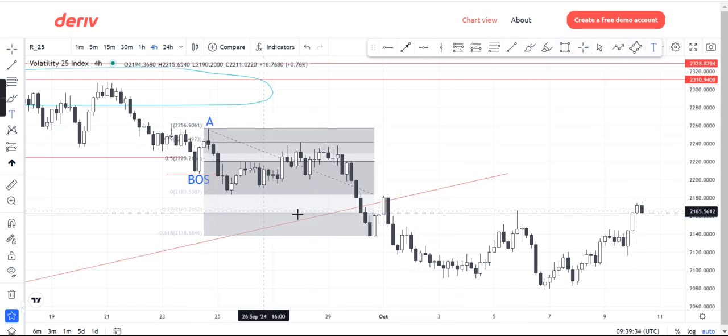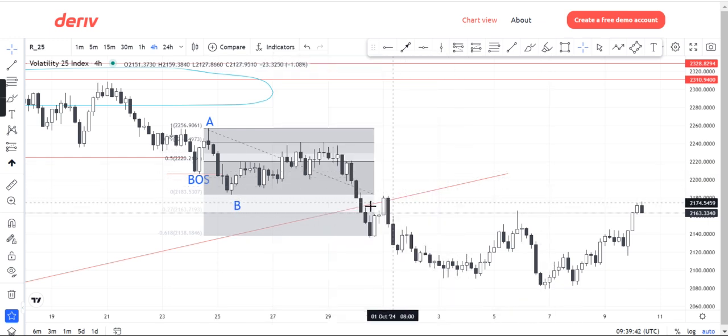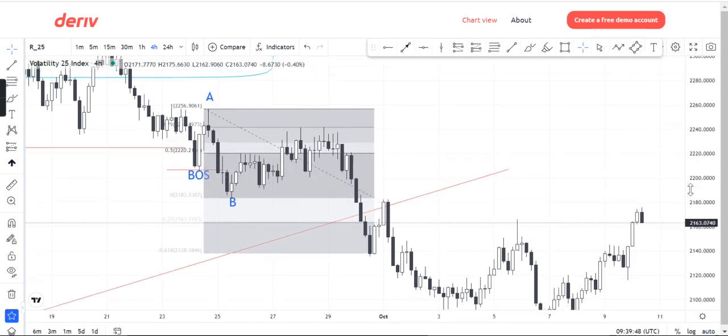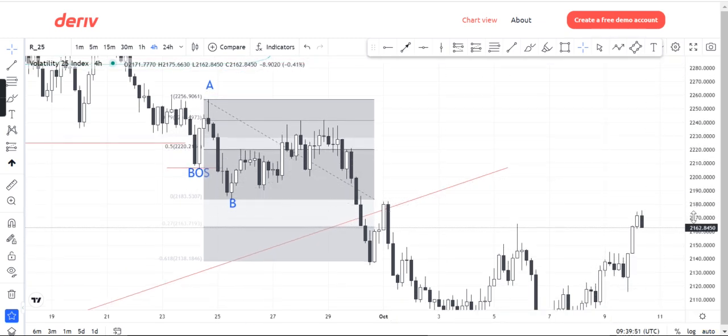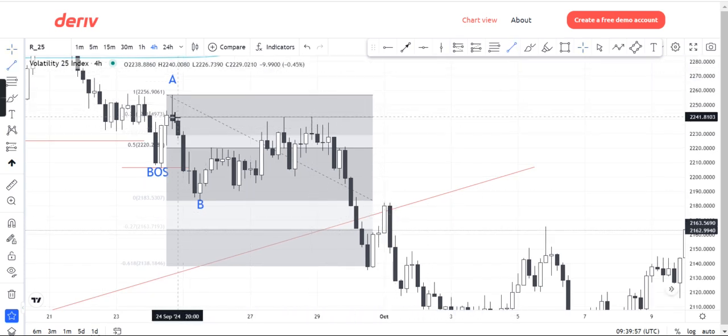Then we also had our point B, which was this. So this was our point B. All we simply saw on this market was market retrace into the 0.78 level. So we had two levels we look at for our entry.